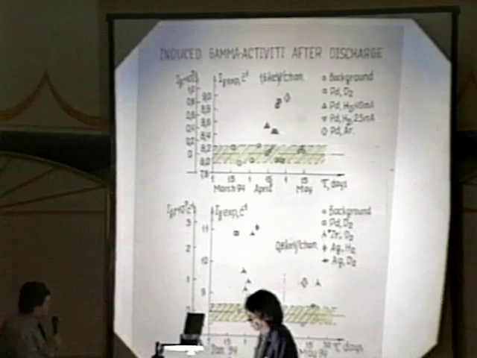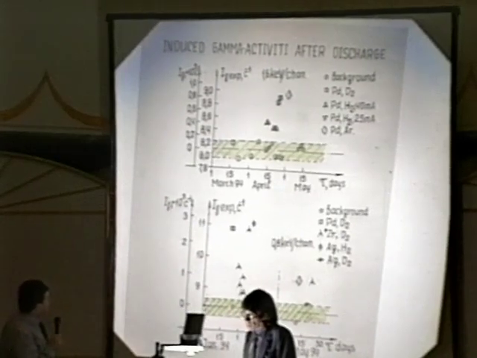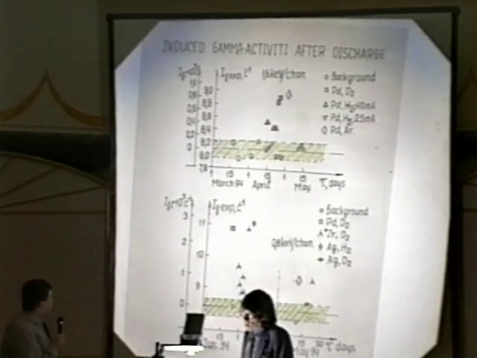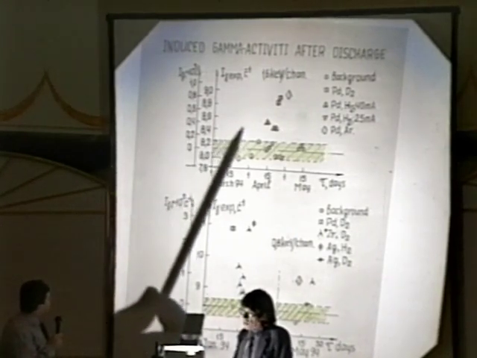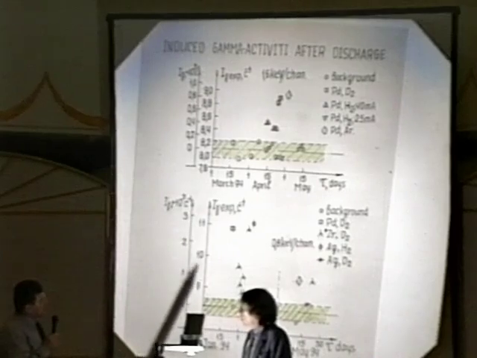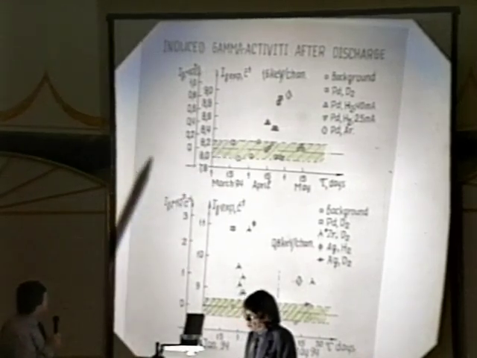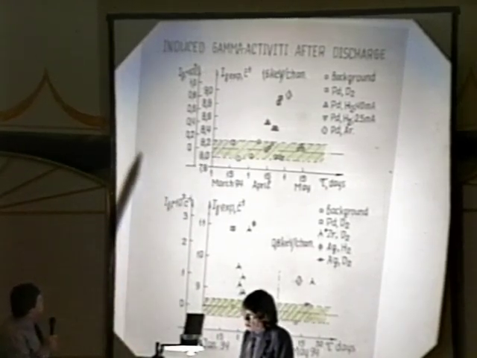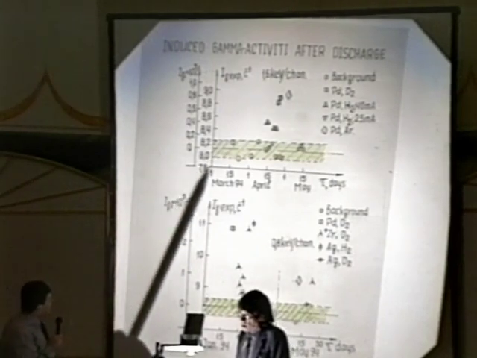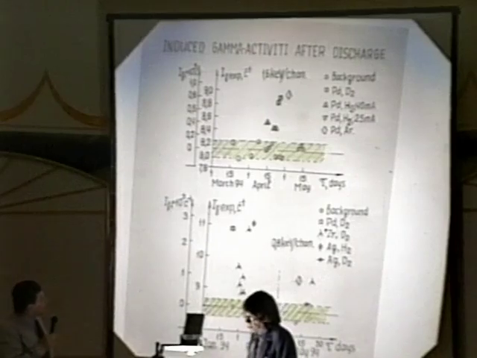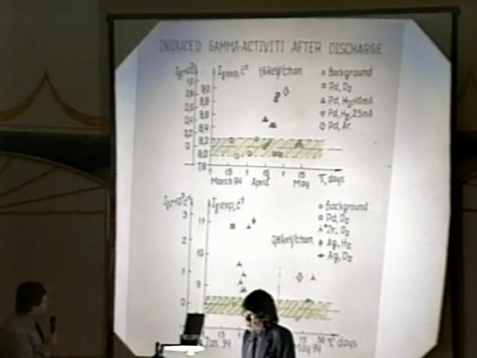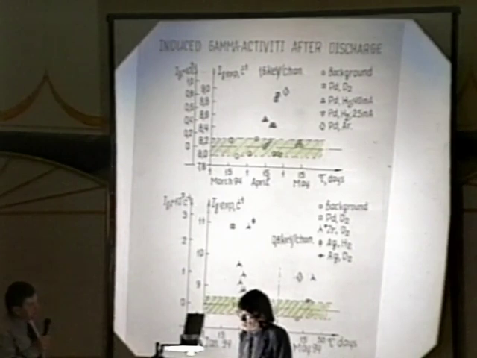And this part of the measurement monitoring was shown by these points, which illustrate gamma emission during the experiment itself, also after shutting down the glow discharge.